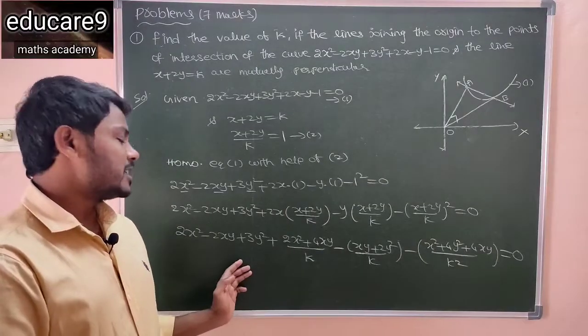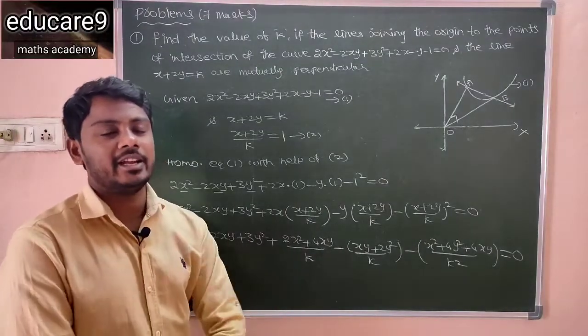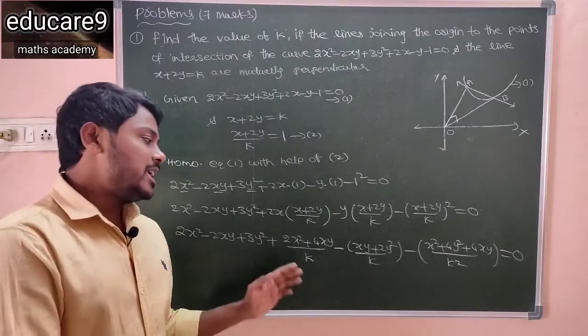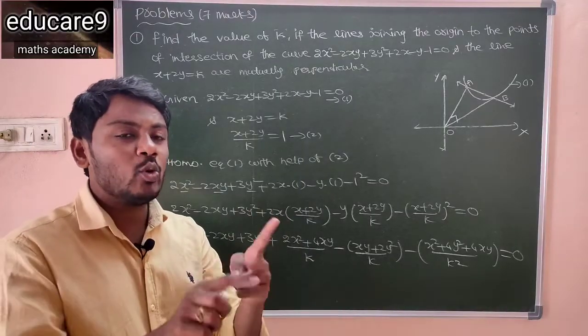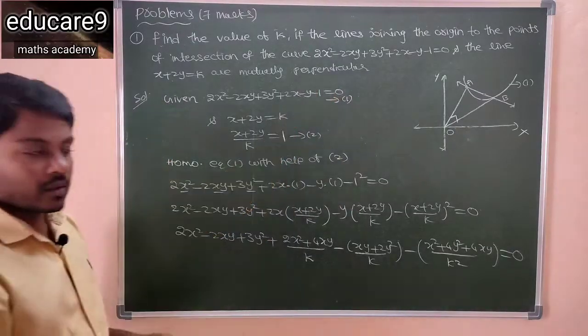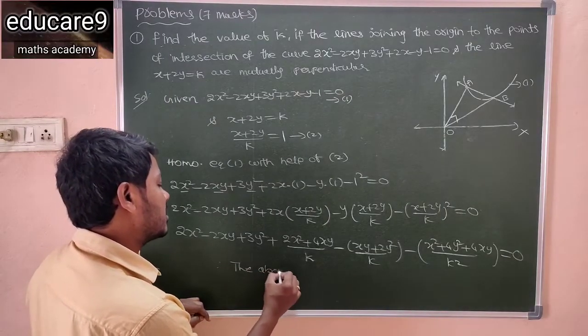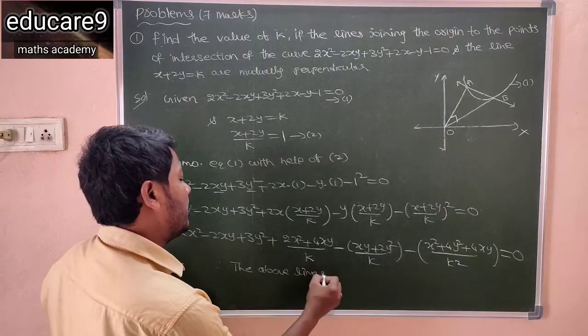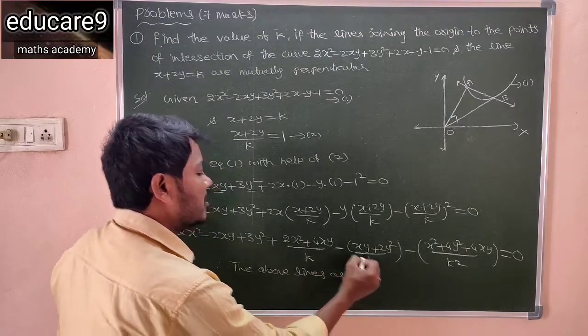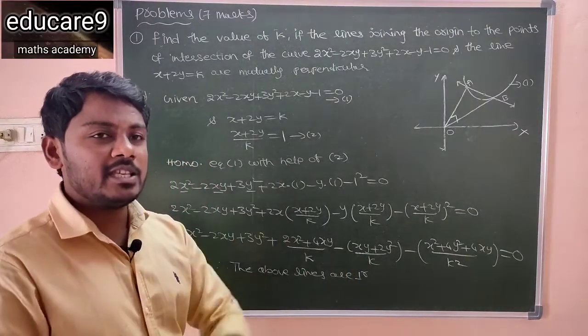So here it represents a homogeneous equation of degree 2, and this equation represents two lines, and the two lines are given to be perpendicular. So therefore the above lines are perpendicular, which means a + b is 0.